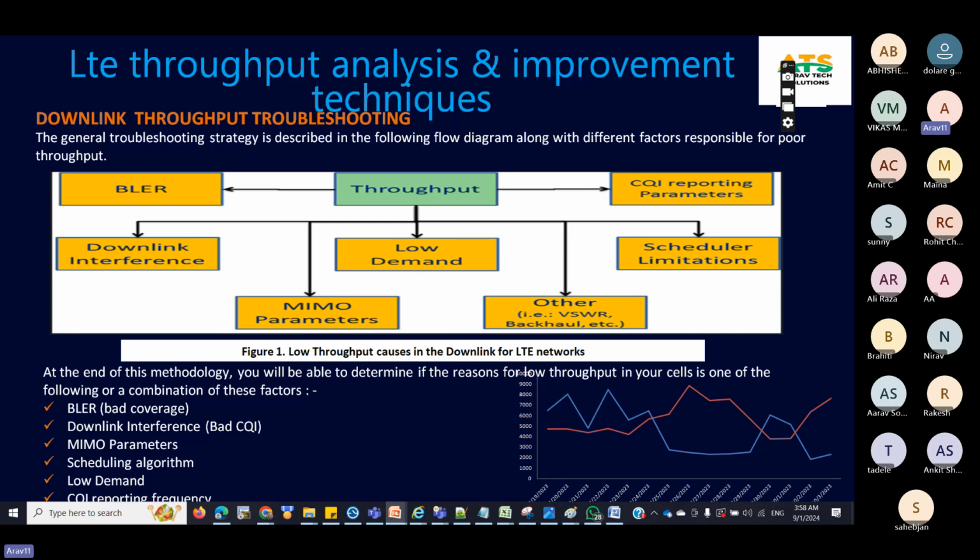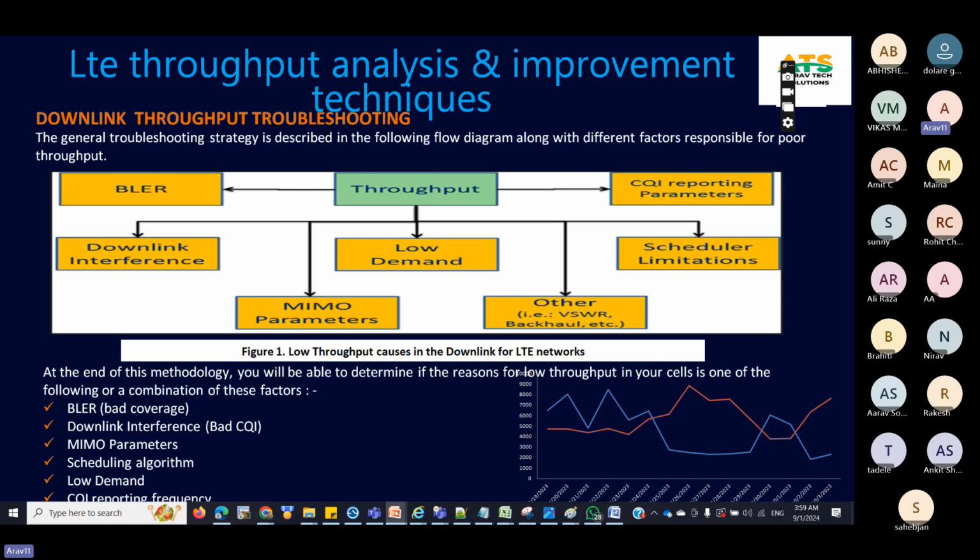There is downlink interference, uplink RSSI, antenna imbalance. These things impact your throughput as well. So you need to check whether there is external interference, internal interference in your system, or any repeater installed nearby. This can impact your downlink. Next thing is MIMO parameters.